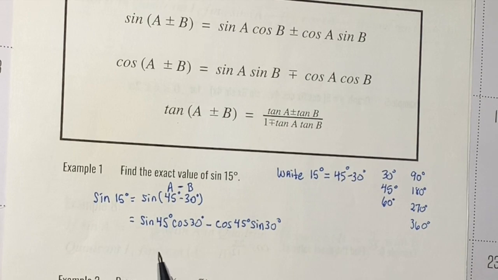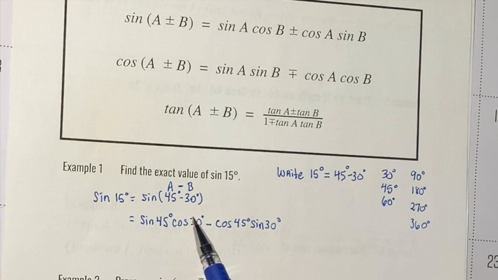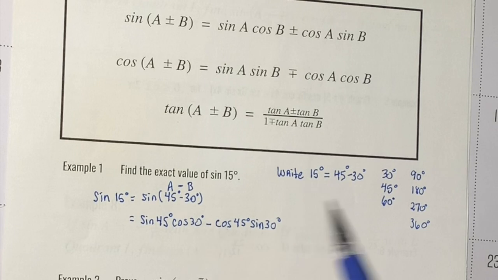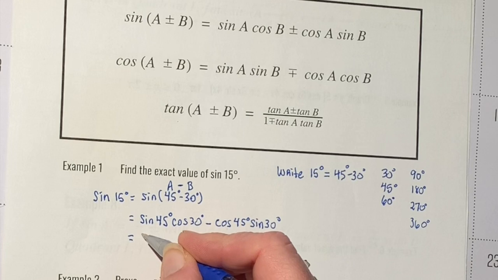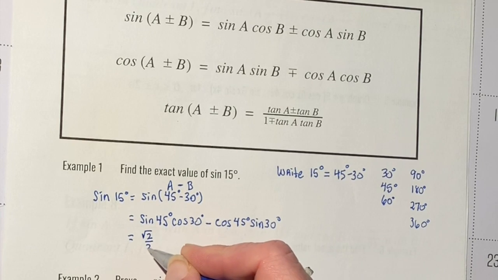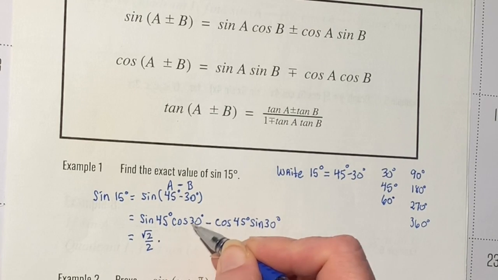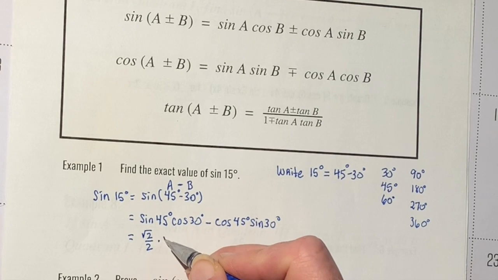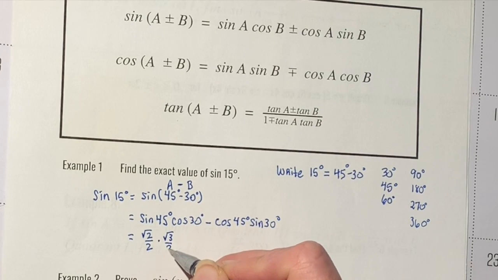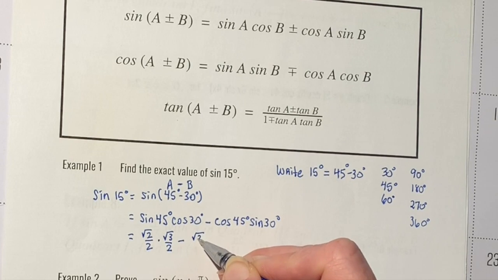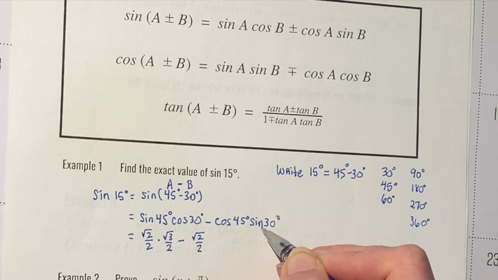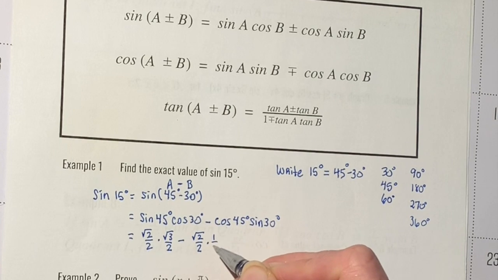Now the good thing, the beauty of this is that I know the sine of 45 and the cosine of 30 and the cosine of 45 and the sine of 30 because they're common angles. So the sine of 45, the exact answer is square root of 2 over 2. The cosine of 30 degrees is square root of 3 over 2. The cosine of 45 is also square root of 2 over 2. And the sine of 30 is 1/2.